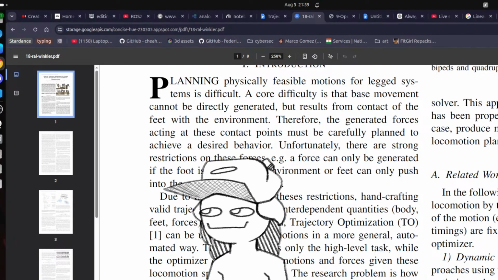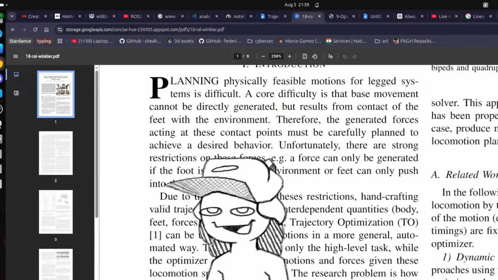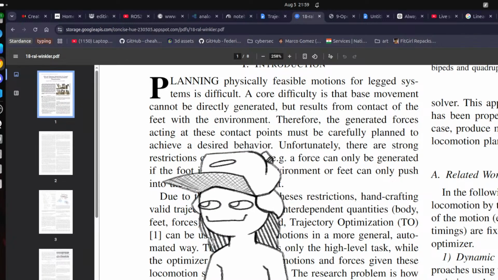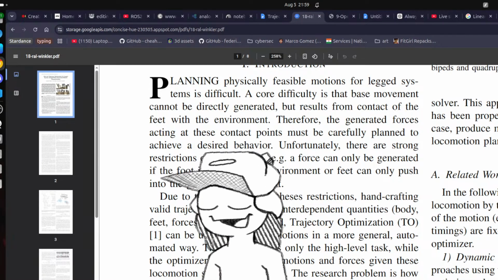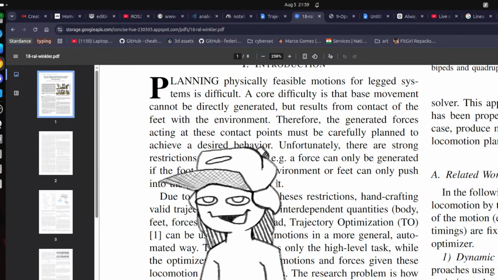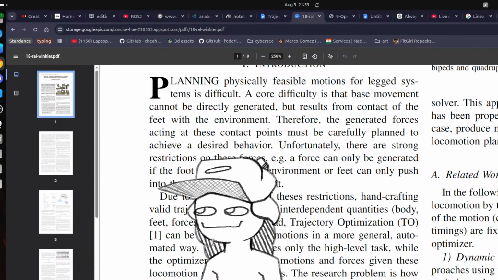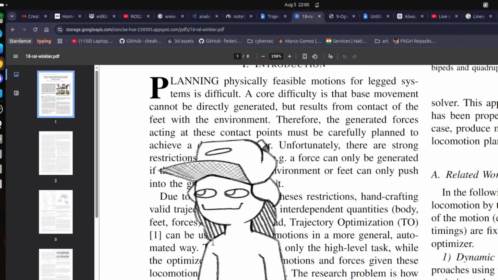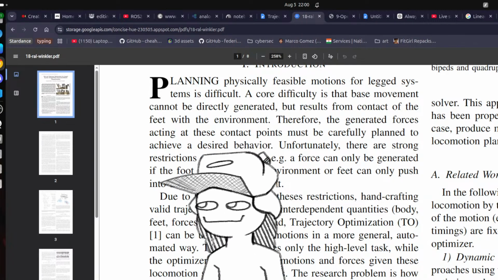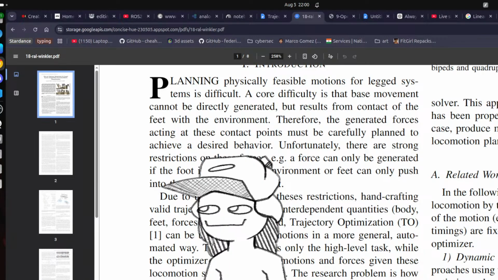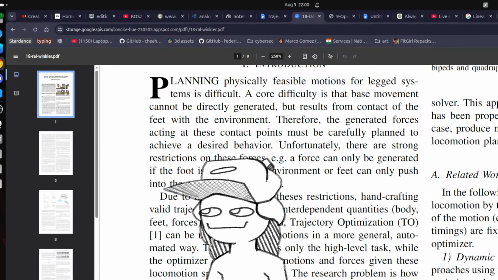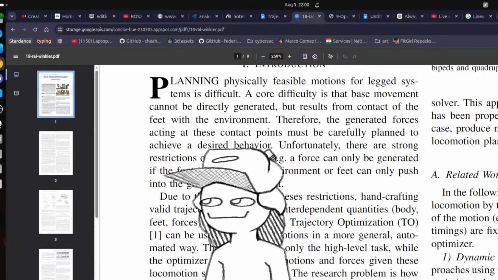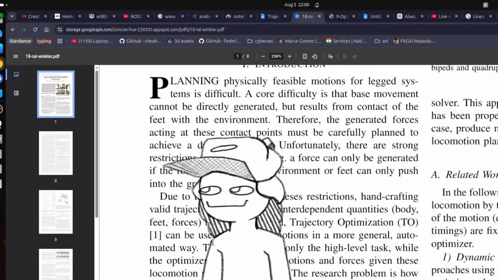So we have subproblems: when the robot's leg is in the air, we need to drive it using motors and then generate a swing motion. But if it's touching the ground, we need to take in the contact forces as parameters as well. So both of those states are essentially different problems.